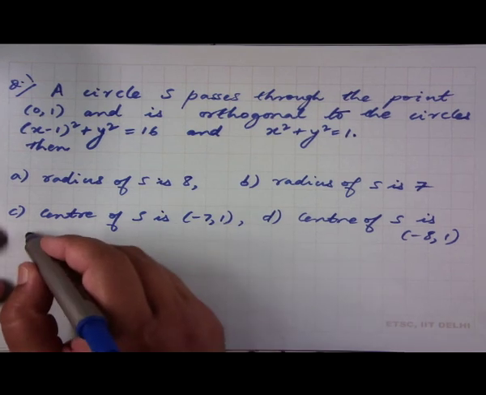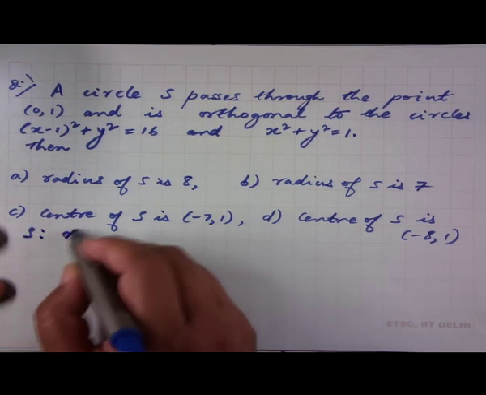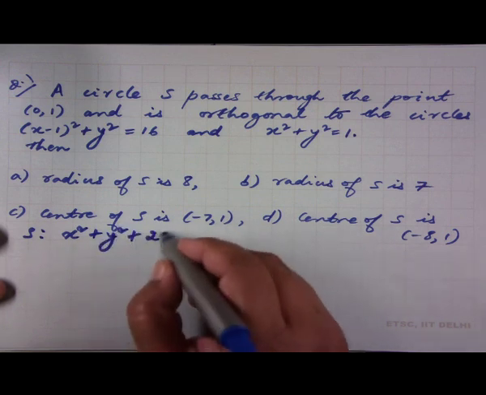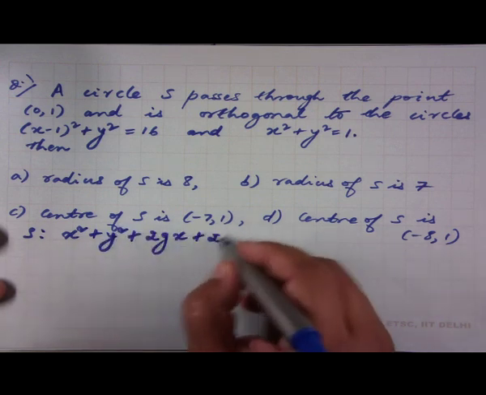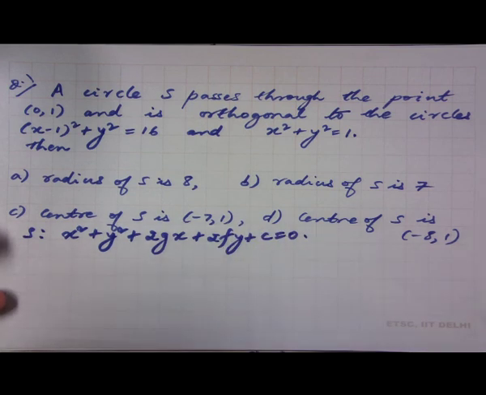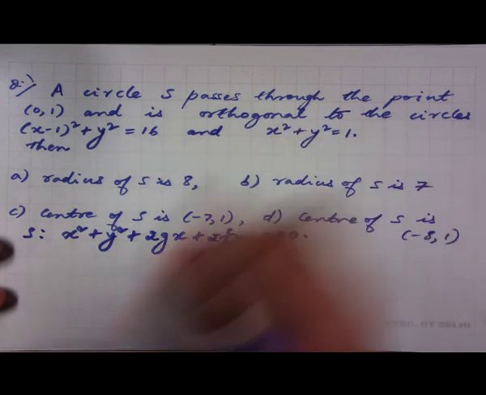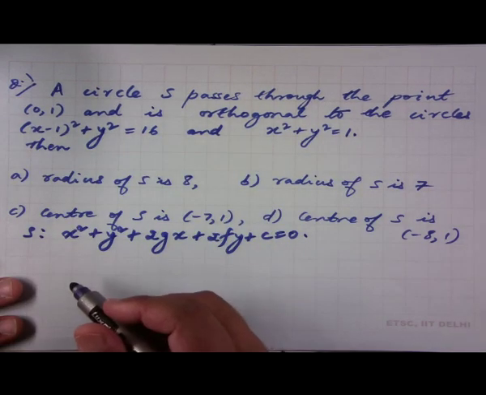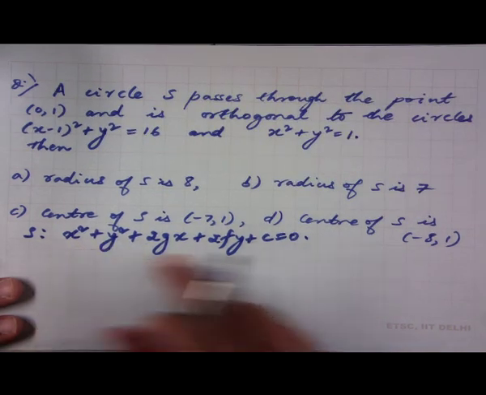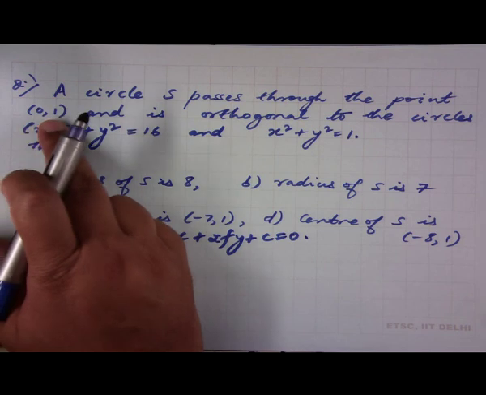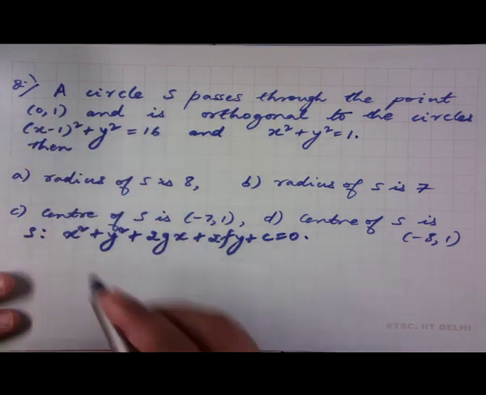So, let us say that the circle S has this equation, and since it passes through the point (0, 1), this equation must be satisfied with x equal to 0 and y equal to 1.